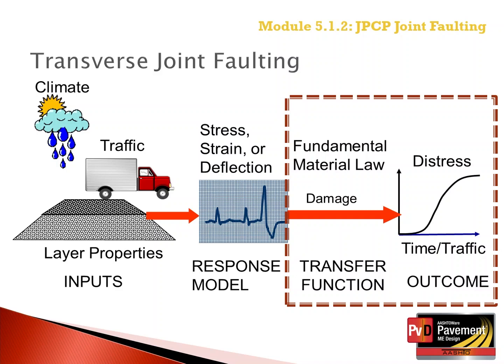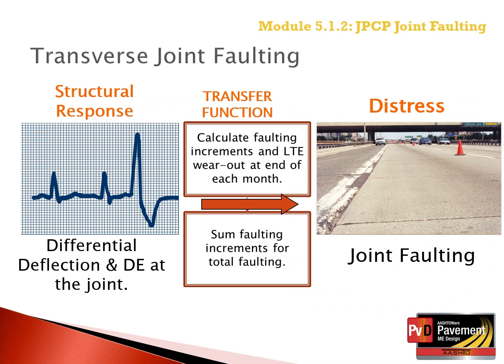So the critical response variable is deflections across the transverse joints on the loaded and unloaded side of the transverse joints. In summary, the differential deflection from the low transfer efficiency and the differential density of energy of the subgrade are used to directly calculate average faulting of the transverse joints.